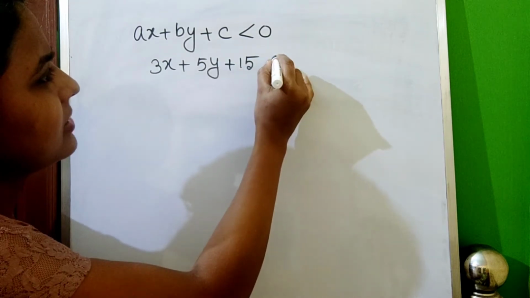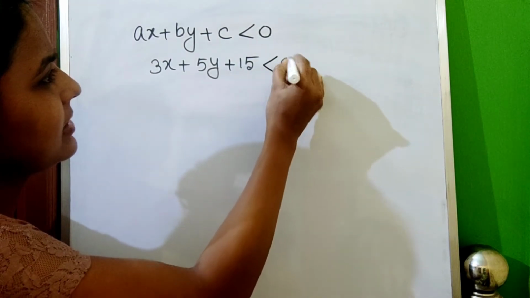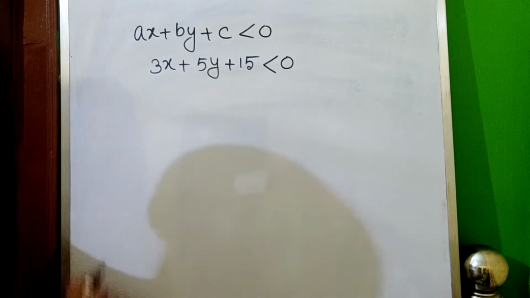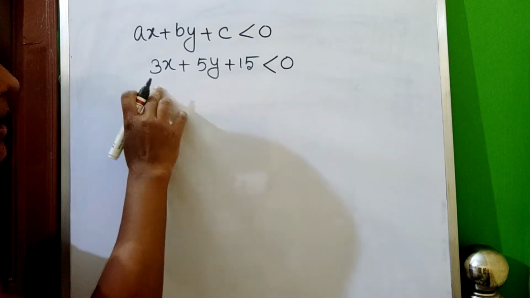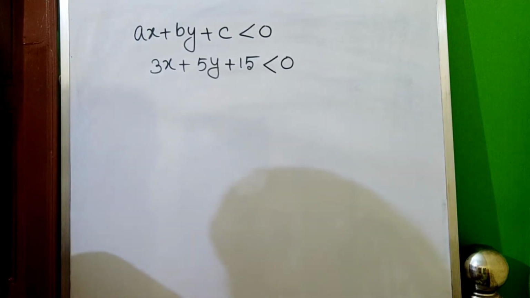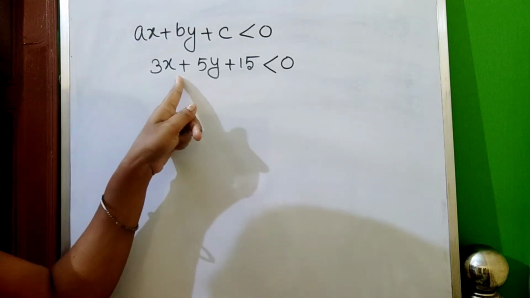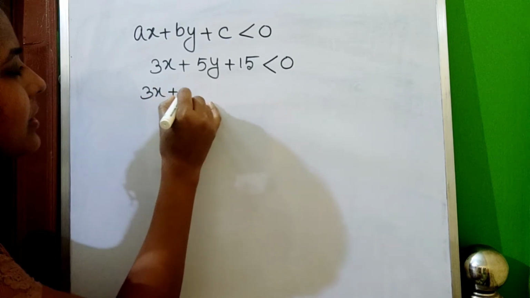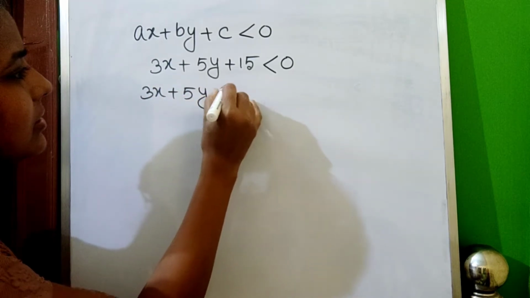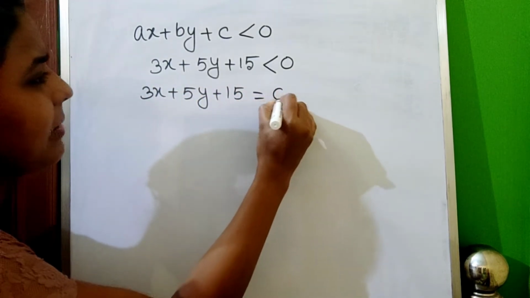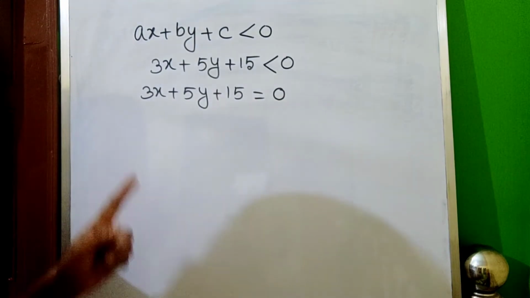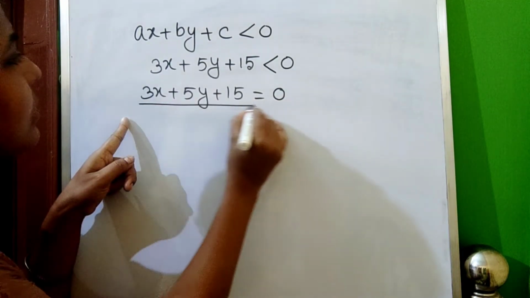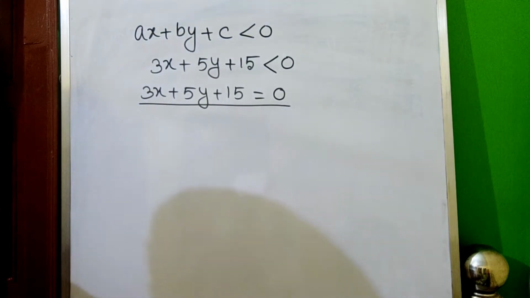While drawing the graph of an inequality, first we need to draw the graph of the equation with the same expression. So this is the equation whose graph is to be drawn.